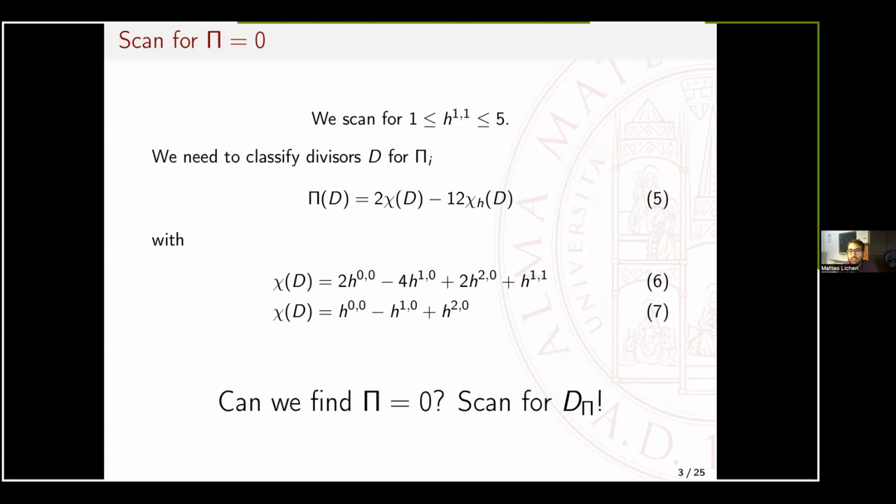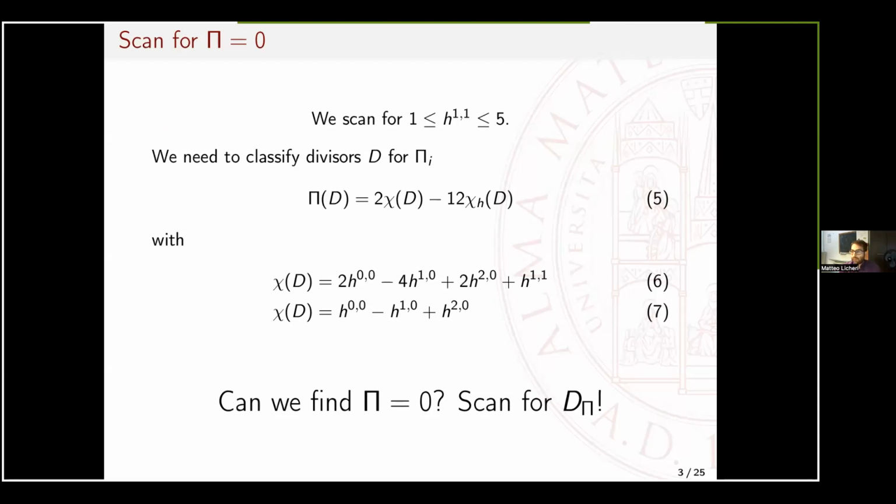And we want to classify these divisors for different Pi's. Pi is given as in equation 5 as a combination of the Euler characteristic chi and the holomorphic characteristic chi_h, with their Hodge number description in equations 6 and 7. So Pi is equal to 0 when chi is exactly 6 times chi_h.